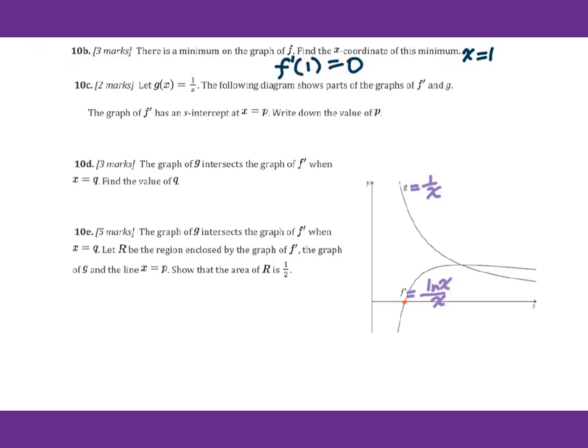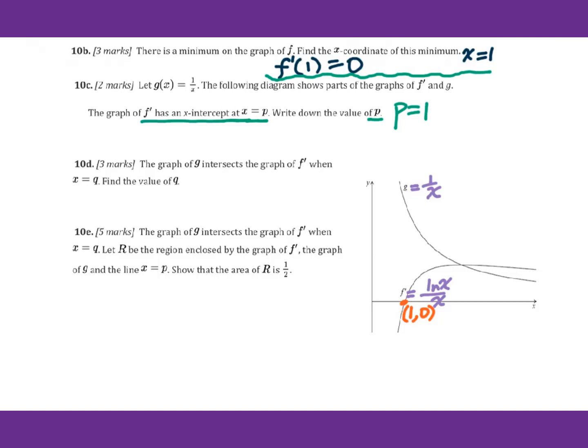Therefore, this x-intercept will be (1, 0). The graph of f prime has an x-intercept at x equals p. Write down the value of p. P equals 1, because of this given information.